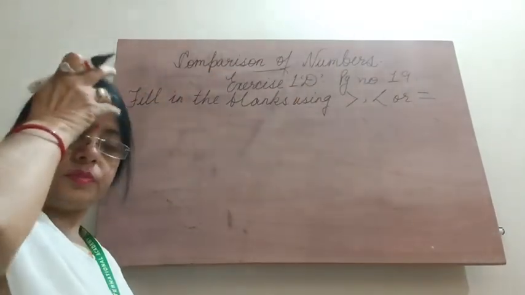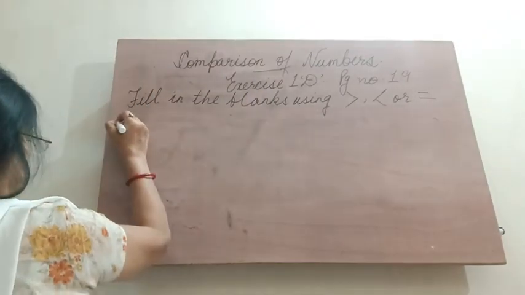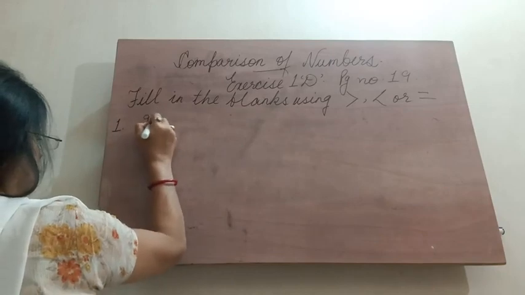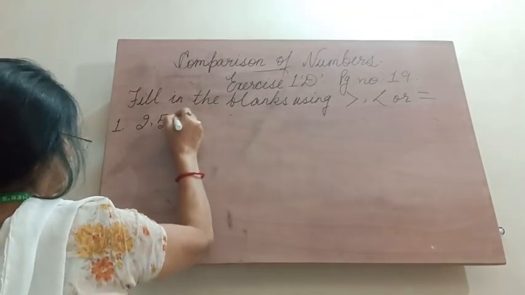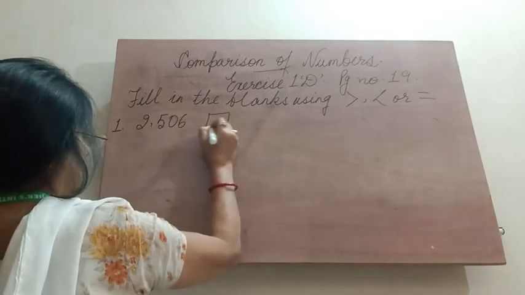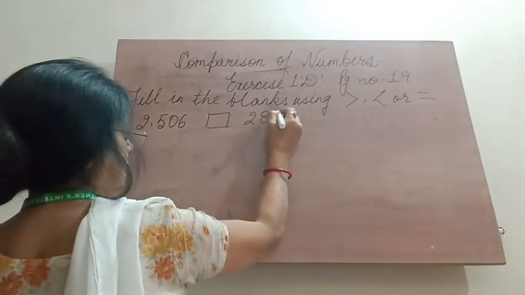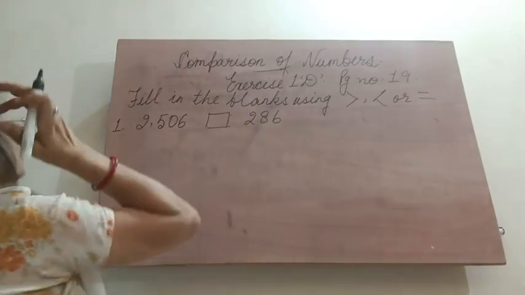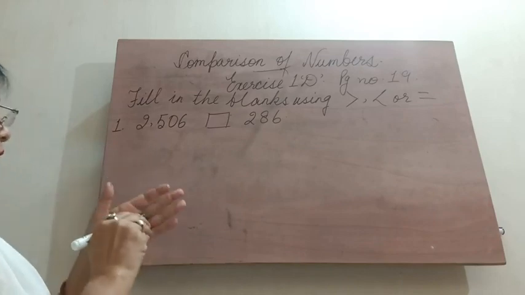Okay. So a few sums I am going to discuss with you. If you look into the book, the first one is 2506, and the second number is 286. Now, according to rule 1, what to do?